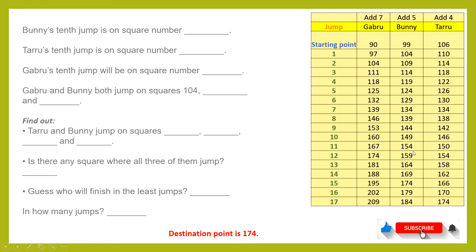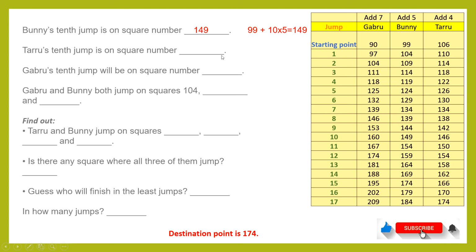In the same way, Bunny will keep jumping to these squares and Taru will jump to these squares. Bunny's 10th jump in our square: so this is the 10th jump and here is Bunny. Bunny's 10th jump is at 149. Bunny jumps 5 steps, so in 10 jumps it will jump 10 multiplied by 5, 50 plus 99 becomes 149.